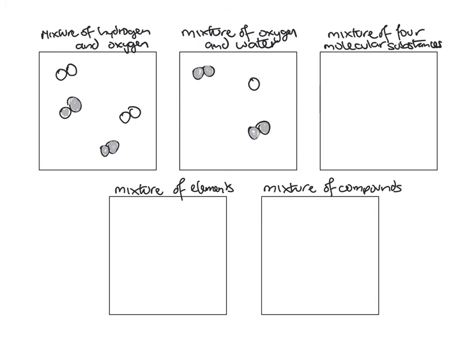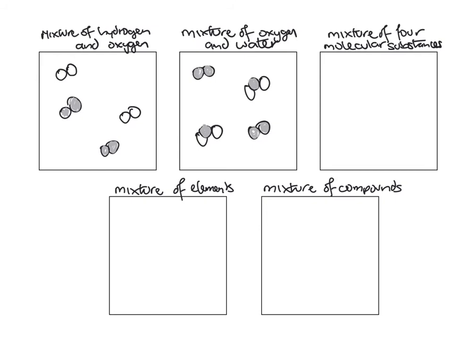So that's an O in the middle and then a hydrogen attached. I'll draw another one, O in the middle and a hydrogen attached. And I've just got to make sure it's clear that it's an oxygen in the centre by colouring it in. So I've got two oxygen molecules, two water molecules. So I have a mixture of oxygen and water.